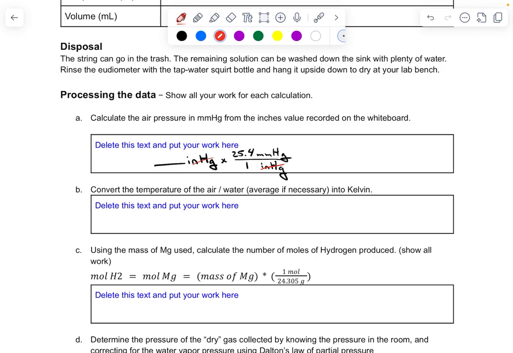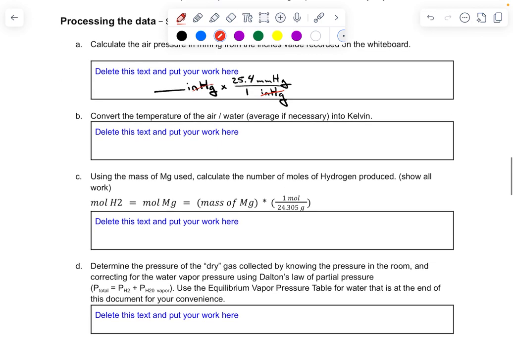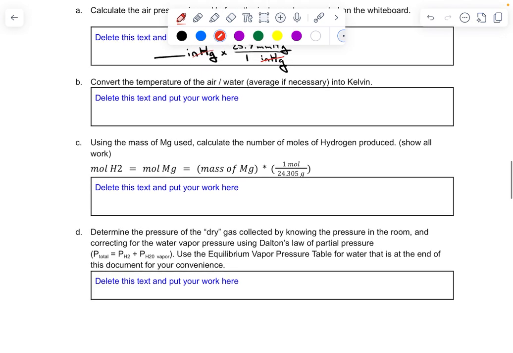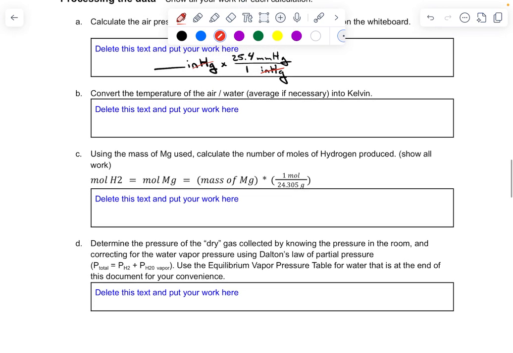So that's A. B, converting the temperature into Kelvin. I'm hoping you're feeling strong on that now. Let's see, the C, using the mass. So you got a mass of magnesium. What you're going to do is take whatever grams of magnesium you had, and use this conversion I gave you.